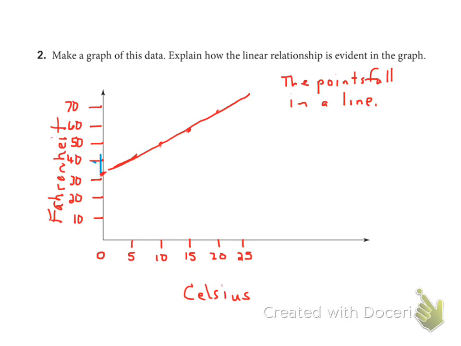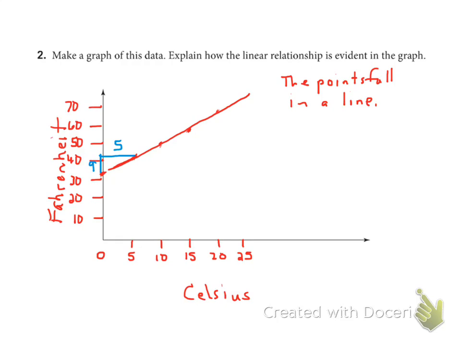9. And then we go to the right. There's our run. 5. So our slope is 9/5. The rise is 9. The run is 5. And B is, what did we say B was? 32. And what's its significance on the graph?